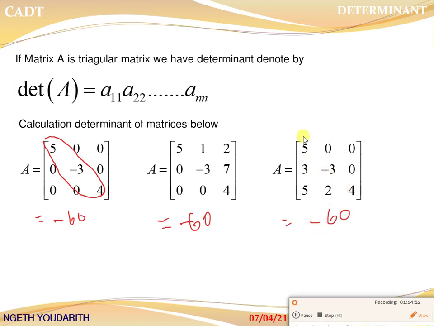So if it is a triangular matrix, the determinant is equal to just the multiplication of the diagonal of the matrix.